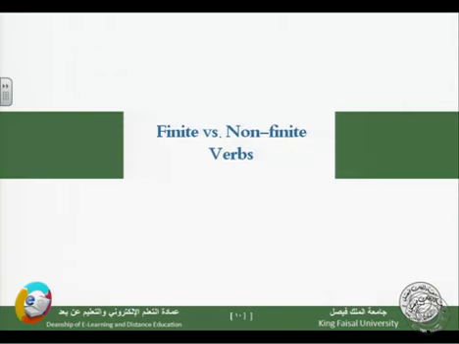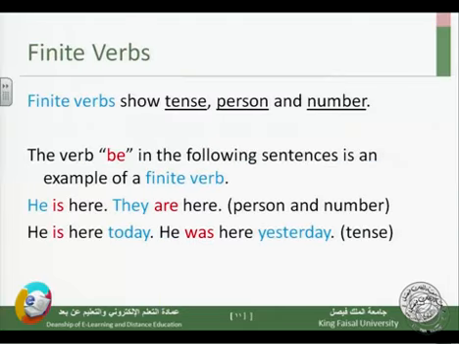We'll talk a little bit about finite and non-finite verbs. So we mentioned finite a few times in this lecture. We will see what it means exactly. Okay, so finite verbs show tense, person, and number. So they are affected if we change the tense. So if it is in the present and if it is in the past, it will be affected.